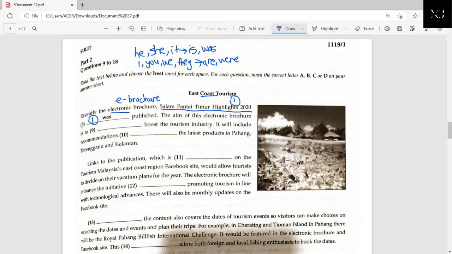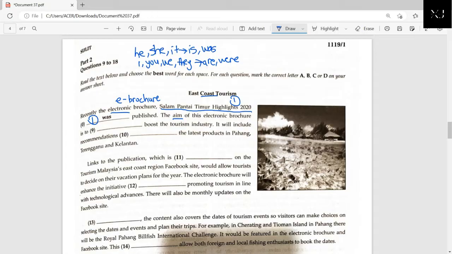So the aim, the purpose of this electronic brochure is to something boost the tourism industry. In Malaysia, our tourism industry is called Cuti Malaysia, right? That's the tourism field. It will include recommendations. What is a recommendation? Let's say if I go to Penang, I will maybe ask my friend or someone online, what are your recommendations when I visit Penang?